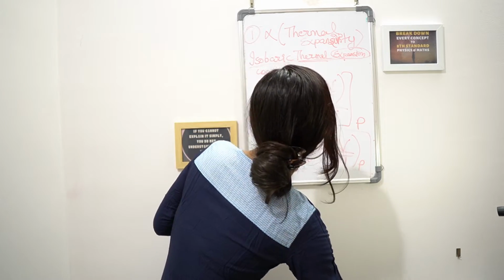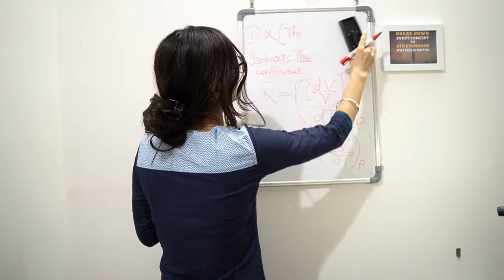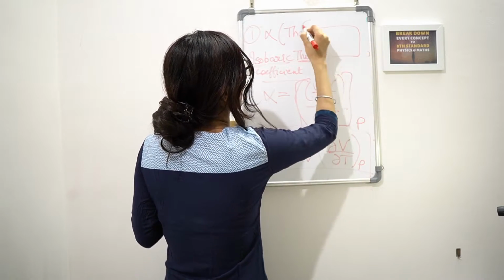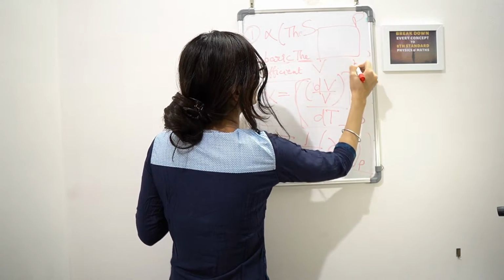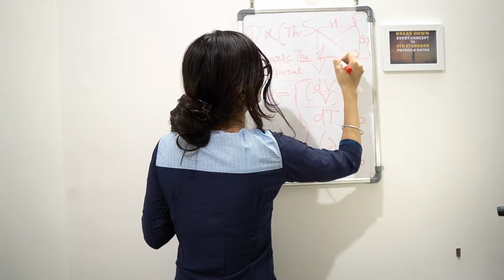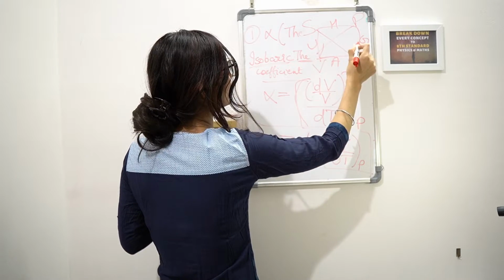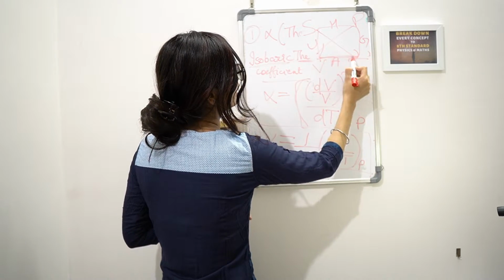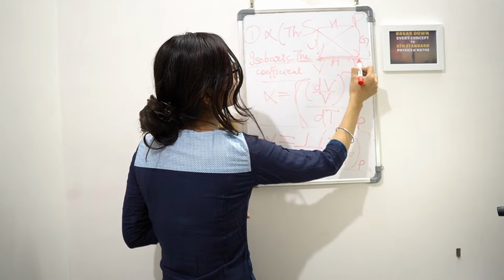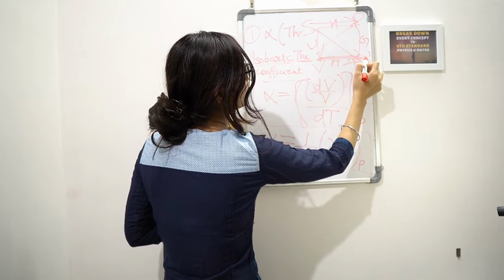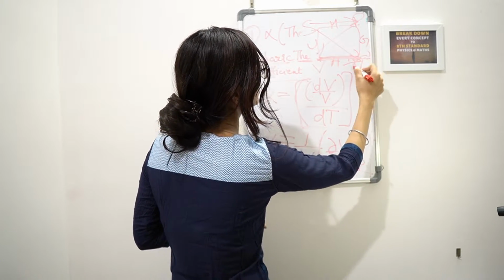Wait guys, let me rub this here, like we did in this S, P, V, T square. Then how can we write del V by del T? We are going from here to here, so we can write it like this also: del S by del P, keeping T constant.